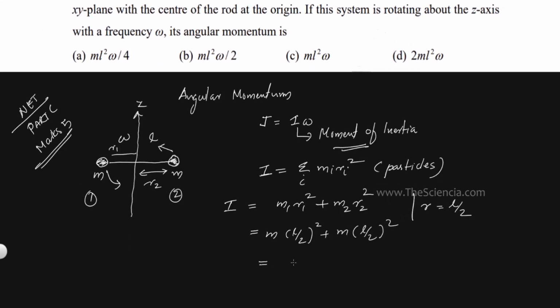I is equal to m L square by 2. Now what we have to find out is J. J is equal to I omega, so J is equal to m L square omega by 2. So you got the marks very easily. Option B is the answer.